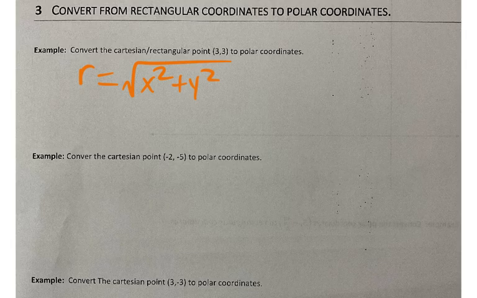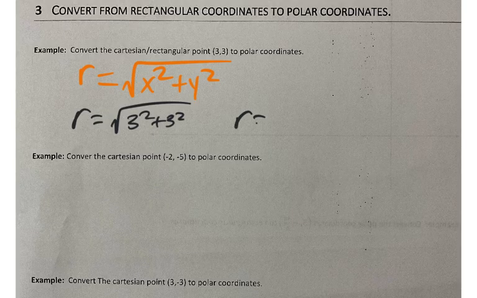So what do we get here? This would be r equals the square root of 3 squared plus 3 squared. Y'all know what that is? 3 radical 2. This would be the square root of 9 plus 9. What's 9 plus 9? 18.